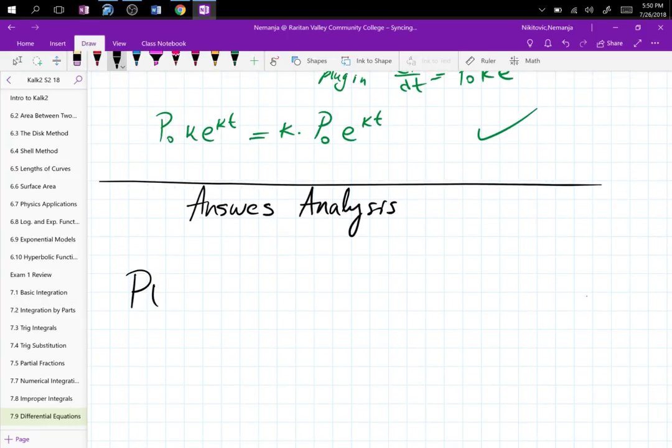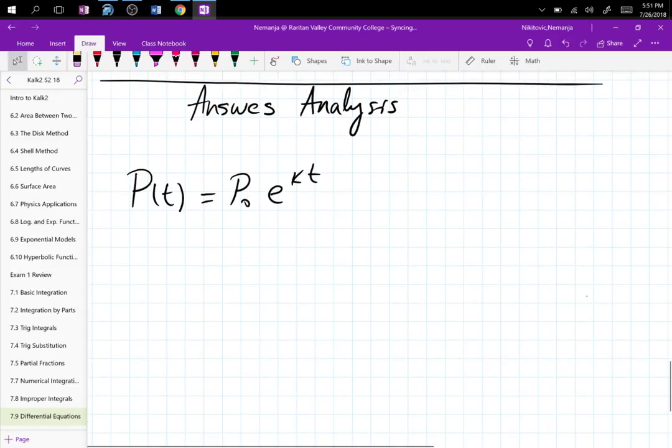If you look at the function given by P(t) = P0 e^(kt), you see that this cannot be the master population equation, for a simple fact that this model allows population to grow without bounds. And we know that our planet cannot support infinite amount of either people or rabbits or bacteria. I don't care what infinite is infinite.